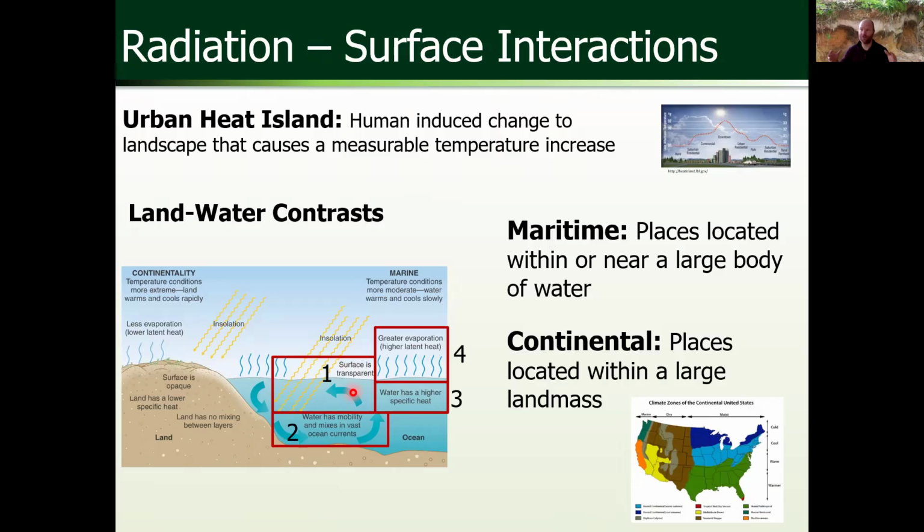Now we connect these on more of a geographic or landscape level, thinking about things like albedo and land surface conditions and how they influence relative amounts of absorption and then re-emission of radiation. We have the urban heat island, which is a human-induced change to the landscape that causes measurable temperature increases.